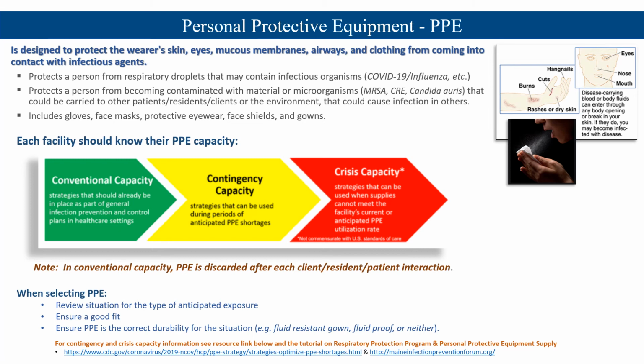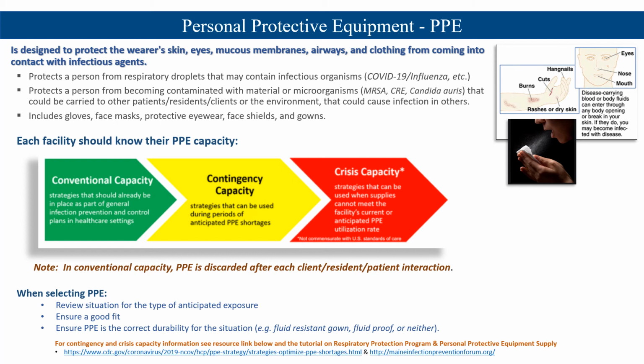Additionally, each facility should know what their personal protective equipment capacity is. And this is something that has been very important in and throughout the pandemic. Prior to the pandemic, there wasn't really a large struggle with PPE supply and shortages. And so when we are in the midst of a supply shortage, we should first look at what our supply looks like at our facility.